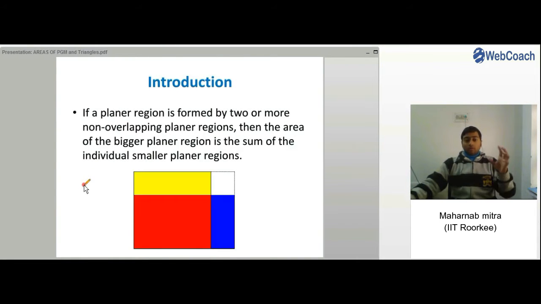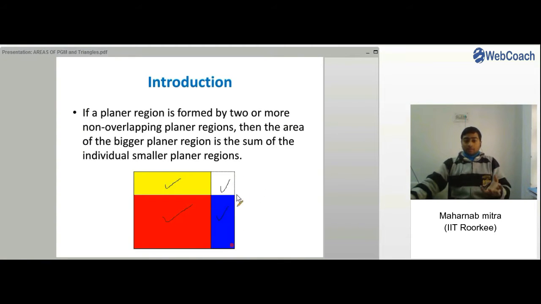And one more thing which we must know: if a planar region is formed by two or more non-overlapping planar regions, then the area of the bigger planar region is the sum of the areas of the individual smaller planar regions. Like here, a bigger planar region, which is the bigger square, is divided into smaller figures 1, 2, 3 and 4, right? It is divided into 4 quadrilaterals.